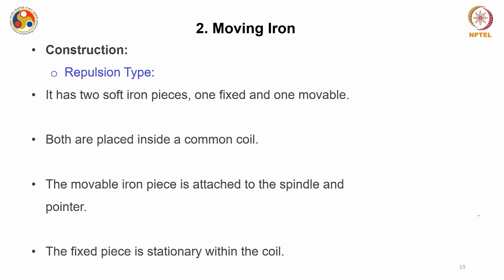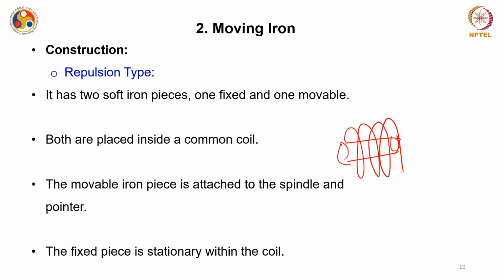Now, let us see what the repulsion type of instrument is. In the repulsion type of instrument, it has basically two soft iron pieces. Let us try to understand this again, because I have already given you an idea of attraction and repulsion. Say you have this current flowing. Now you have two magnetic pieces, and both are getting magnetized.